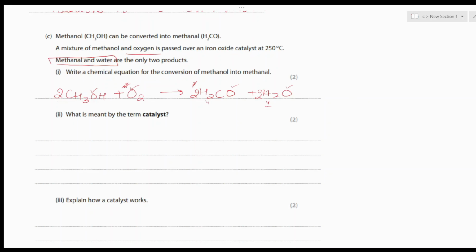Okay. What is meant by the term catalyst? It speeds up the rate of reaction. What's the second important point of a catalyst? Without being used up. The other thing that you can write for without being used up is it remains unchanged during a chemical reaction.